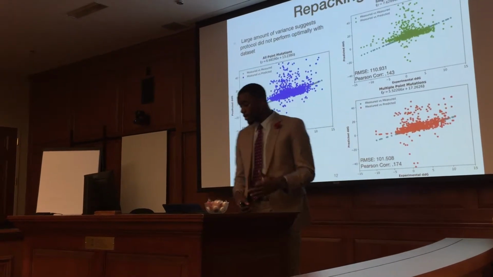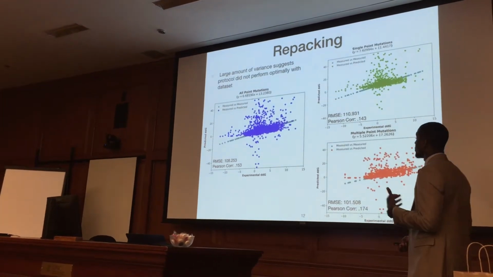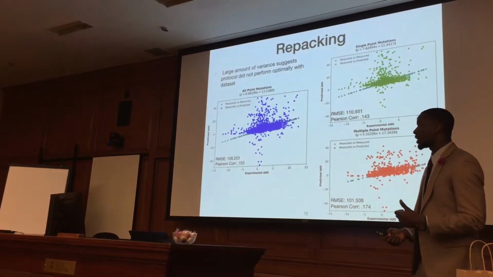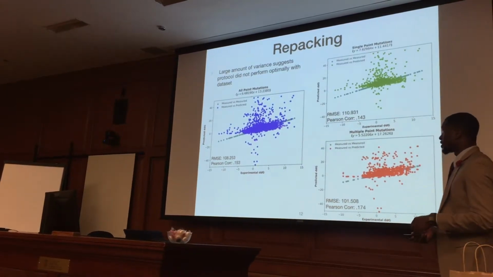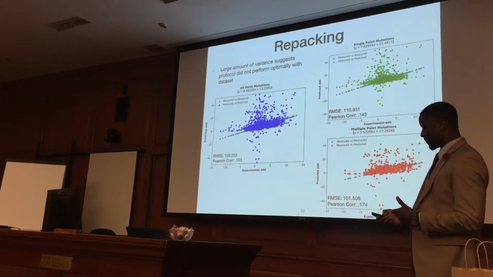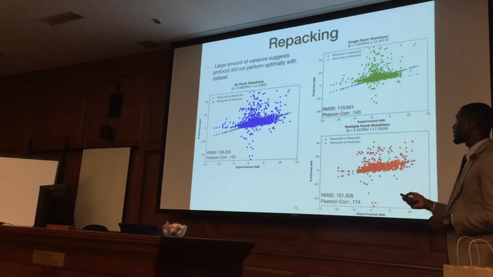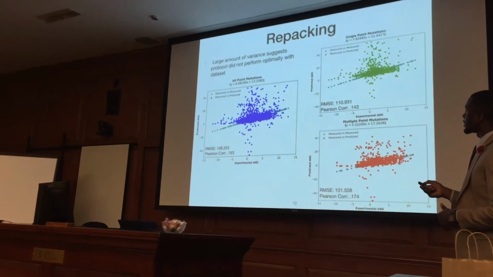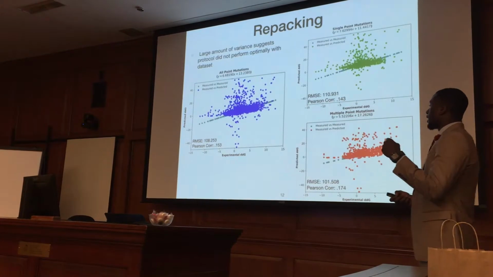Another protocol we ran on these structures was this repacking experiment. What that does, basically, is repack the side chains at a different step. We saw that there was a large amount of variance compared to just the variable relaxed protocol, as you can see from all these points that lie further and further away from that teal line.